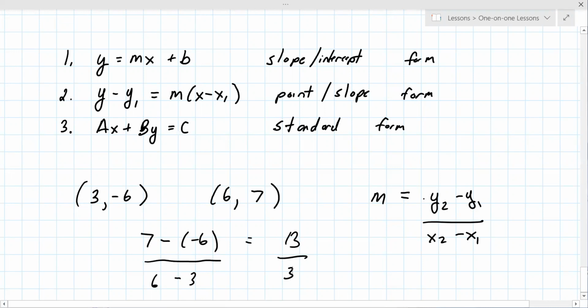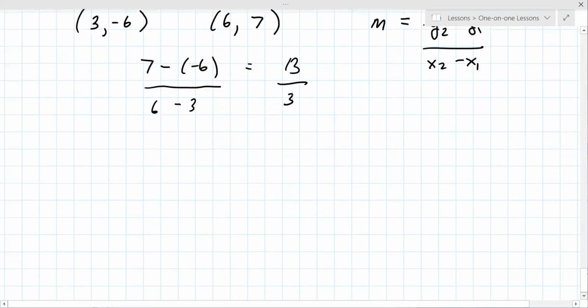Let's do one more. Let me give you the points: 1 comma negative 3 and 4 comma 9. Give that a try, please, with your slope formula.